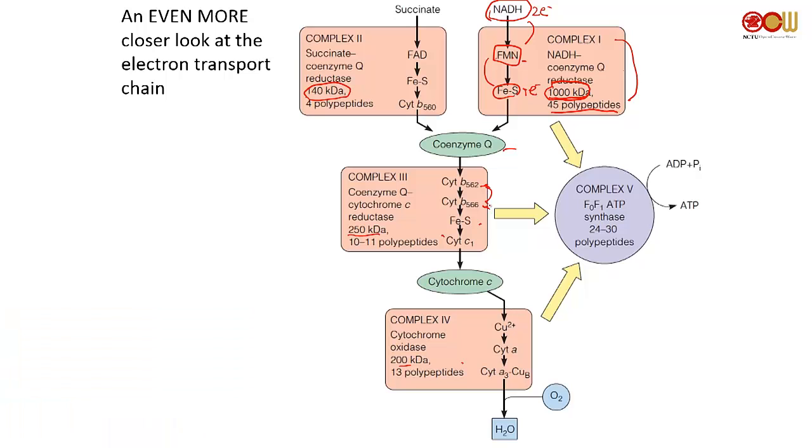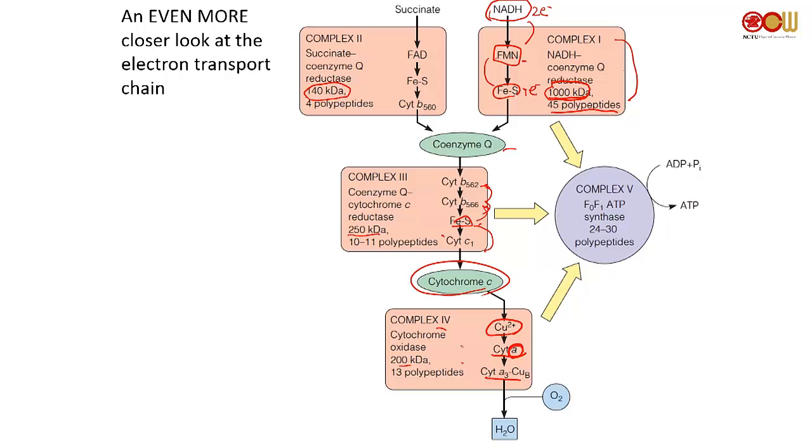And then cytochrome B passes to iron, and then iron goes to cytochrome C. Cytochrome C can then donate its electron to complex 4, which donates to a copper, and copper is typically going to be in some kind of cytochrome, so cytochrome A, A3. So you should know that cytochrome C has iron, but cytochrome A has copper.